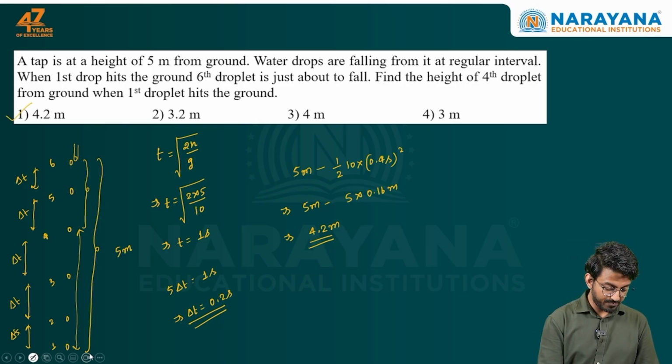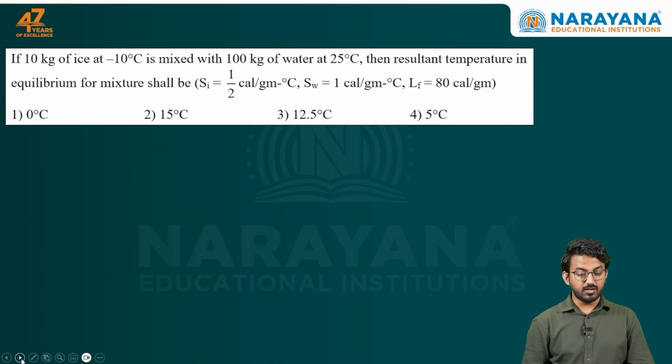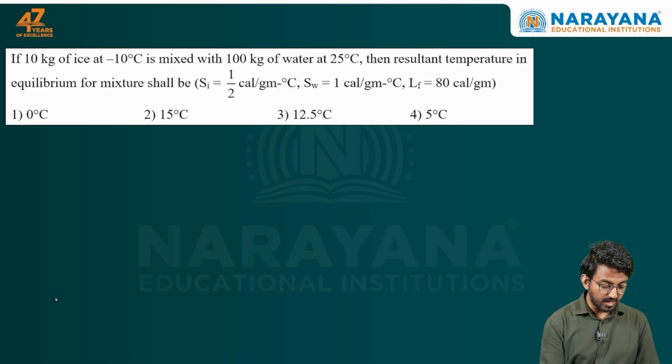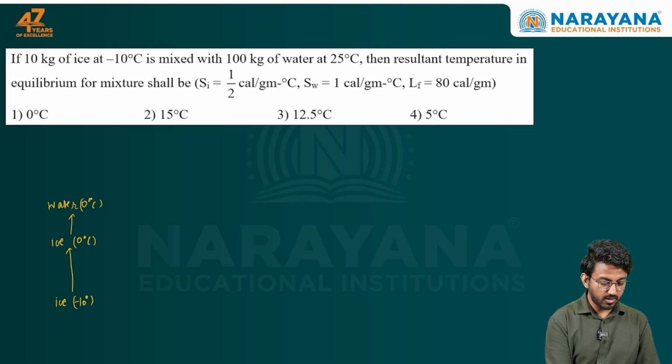Moving on. Next question is based on calorimetry, and we have ice at minus 10 degrees Celsius. It will go up to ice at 0 degrees Celsius, then eventually converting to water at 0 degrees Celsius, and then finally going to some temperature T here.